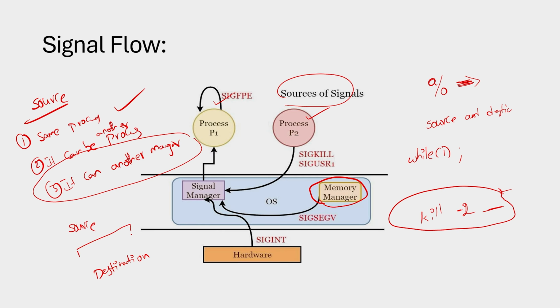In between, the signal manager, SM, is there. Whenever a signal is generated, first it will go to the signal manager. Next, the signal manager will decide which process to send it to. Okay, this is the signal flow.